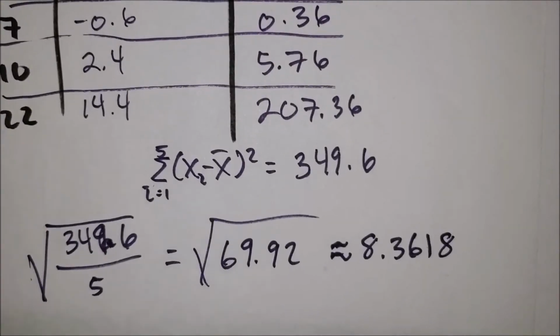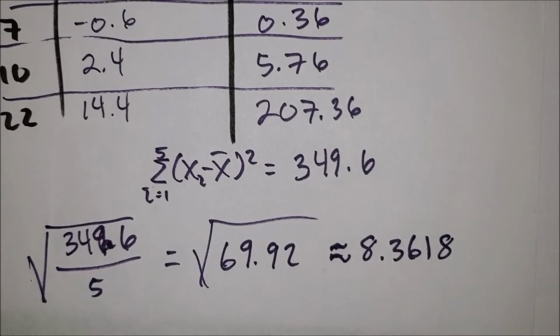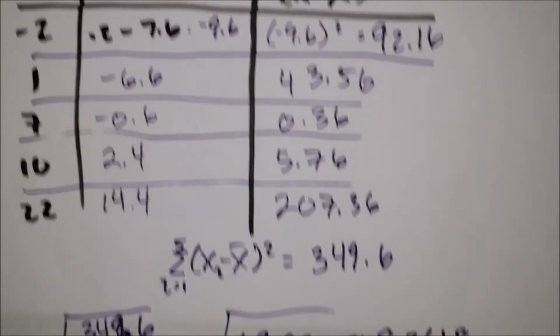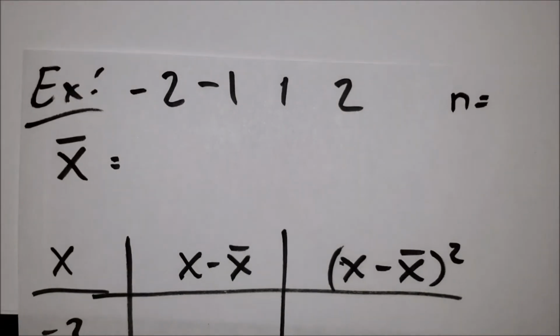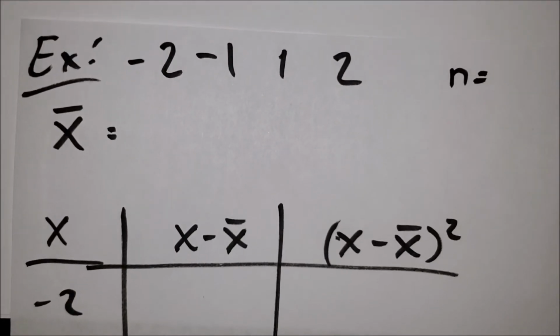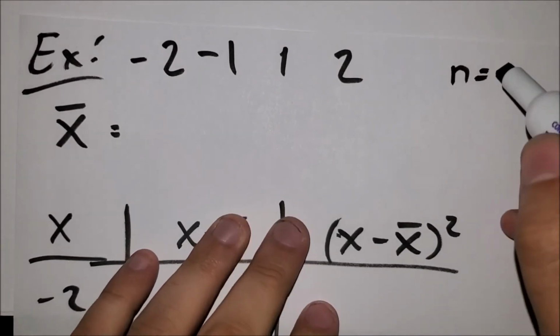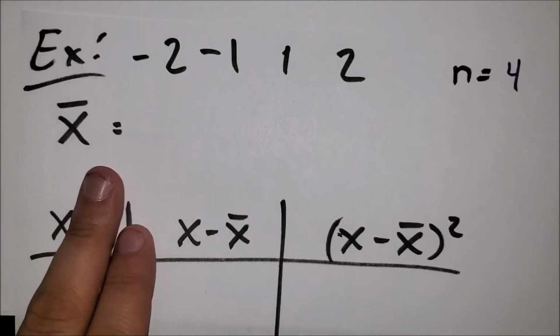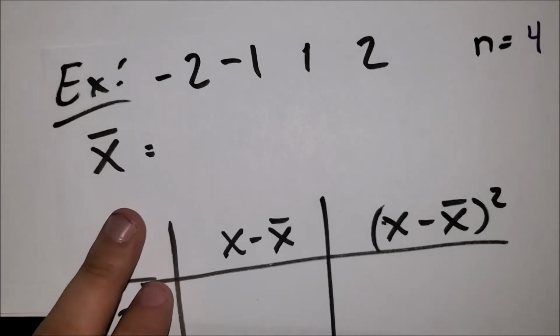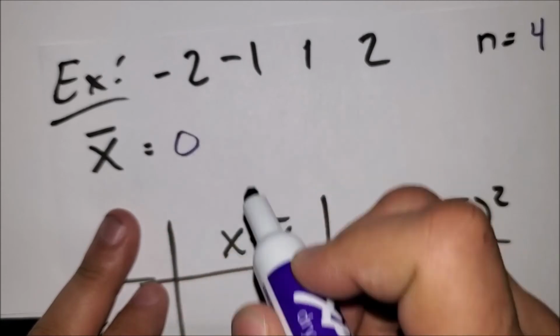But this doesn't really mean a whole lot when we don't compare it to something else. So let's look at another set of numbers and compare it to those. Here we have -2, -1, 1, and 2. In this case, n is 4, and our mean is actually going to be 0.